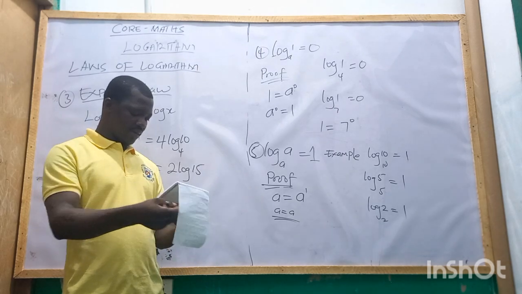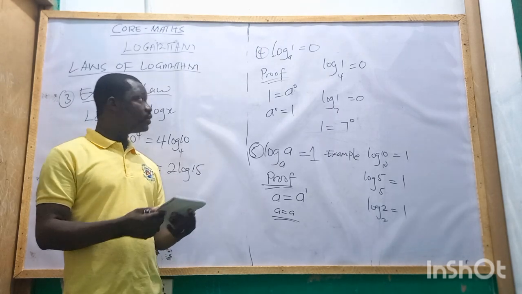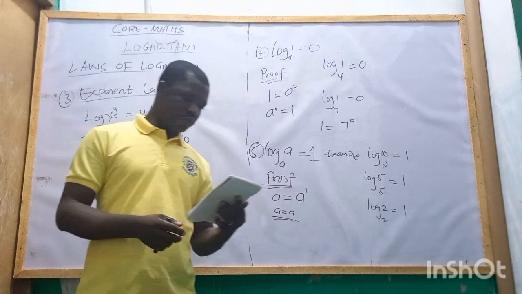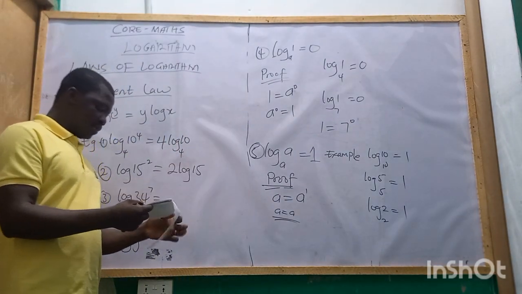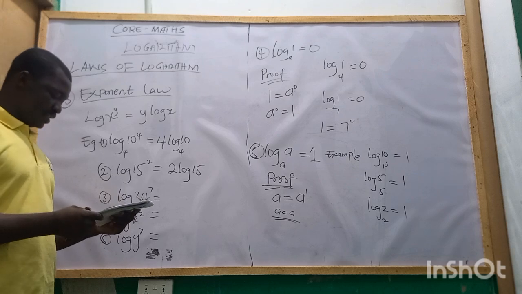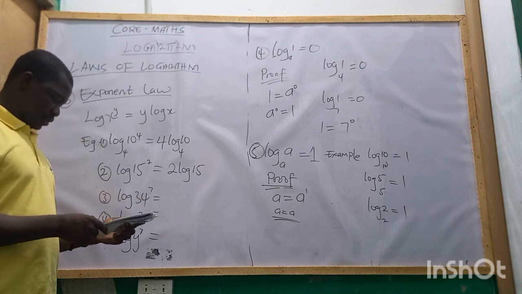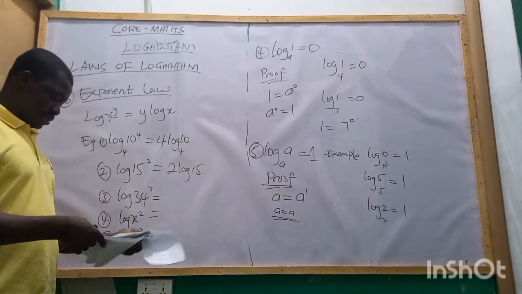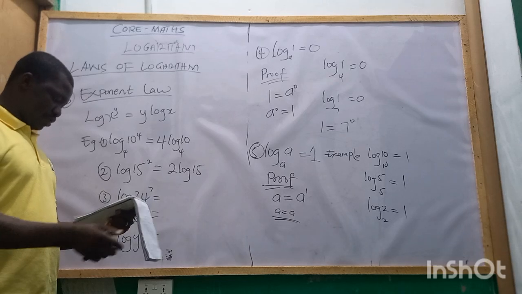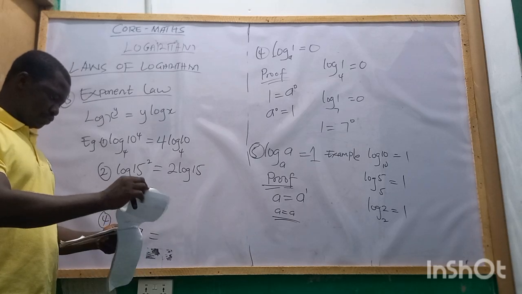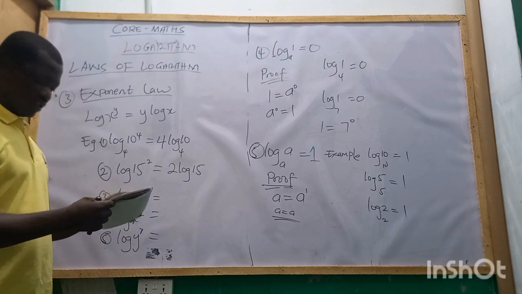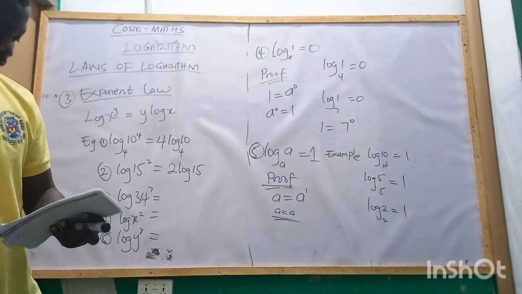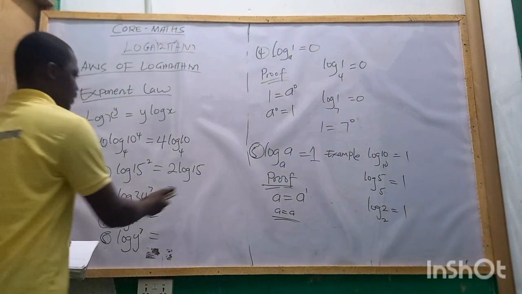Today we won't waste much time. We are almost done. We are supposed to talk about the laws of indices, then relating logarithm to indices. Okay, that's the most important thing that you are supposed to do. Okay, let me add this one to it. Let me add a sixth one for better understanding.